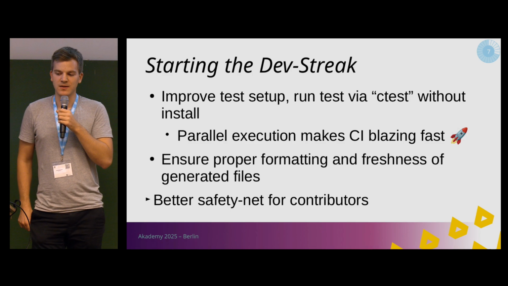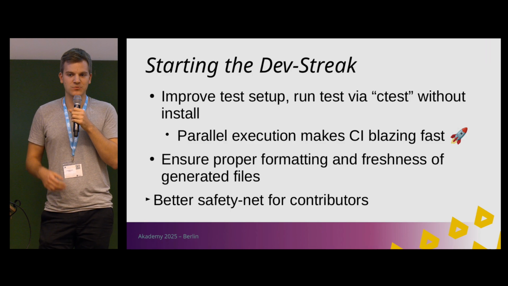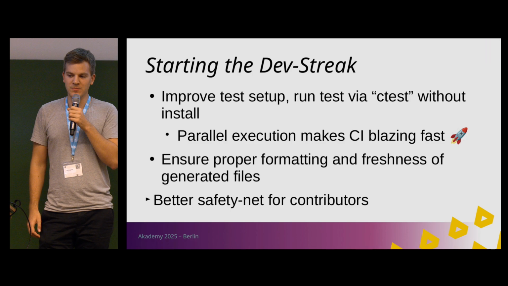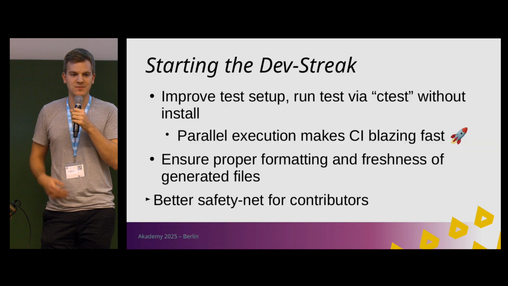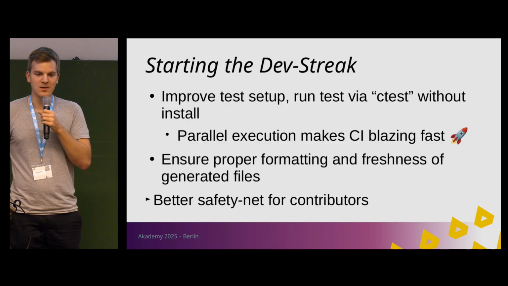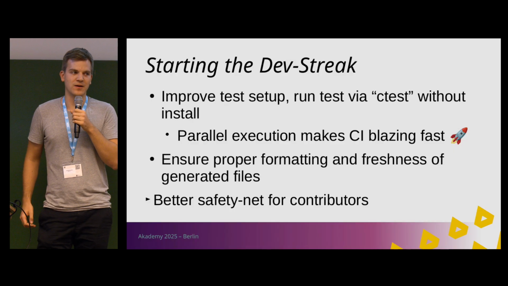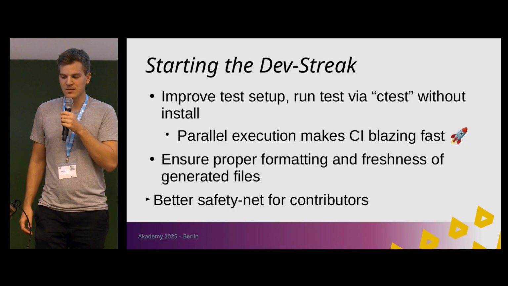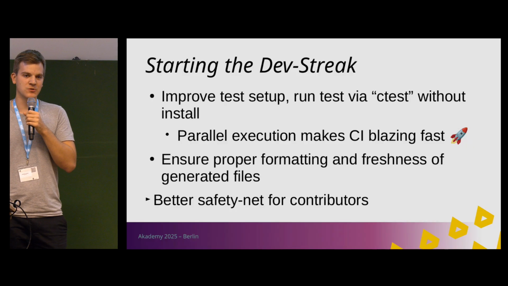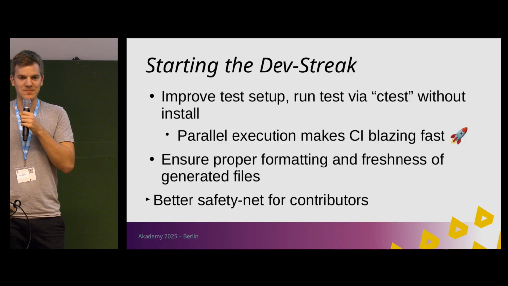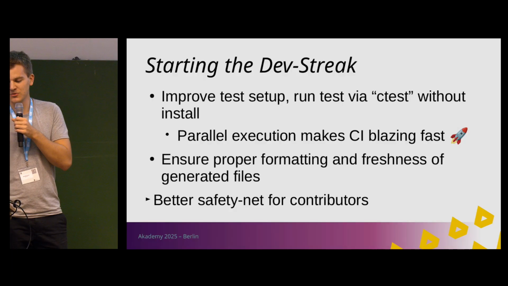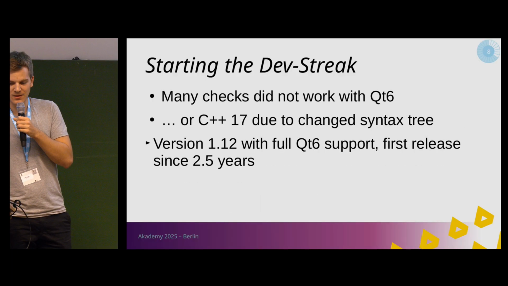I improved the test setup, and you can now just run ctest from the build directory without having to install it or setting any magic environment variables, and it's blazing fast on CI also. We have a lot of generated files in there, and it's also verified that they are not stale or anything. So it's a pretty good safety net for contributors, and I hope maybe some of you will contribute to it in the future.